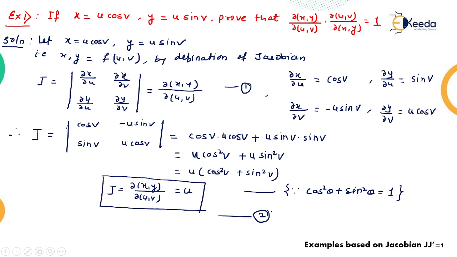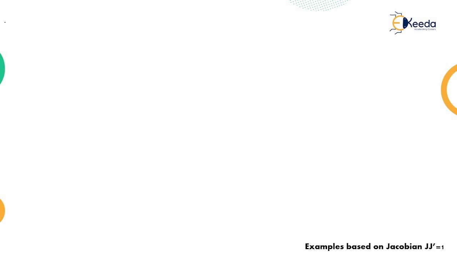Now let me start on how to find J dash. J dash is nothing but dA by uv upon dA by xy.